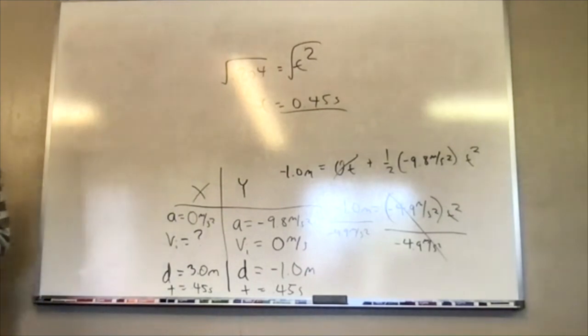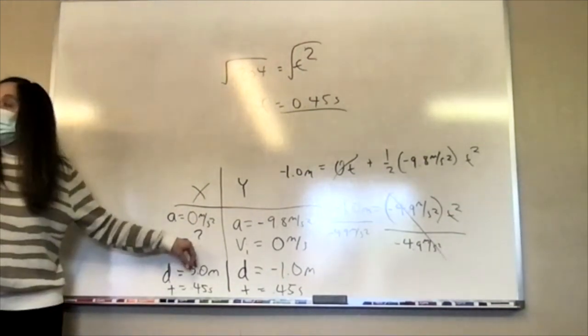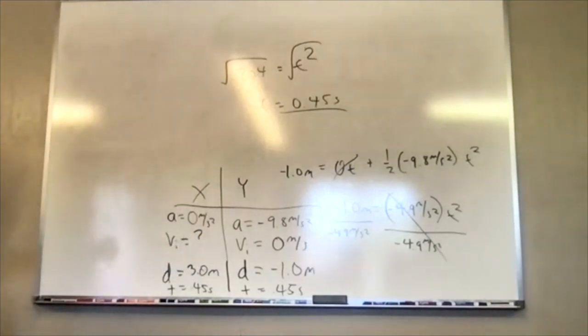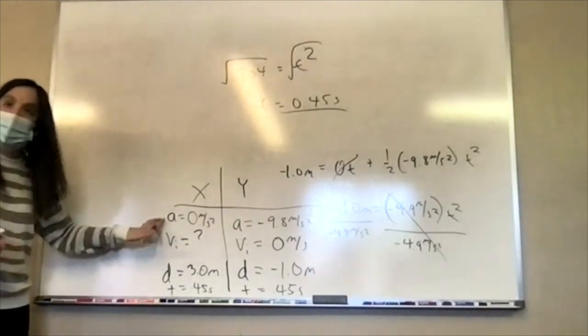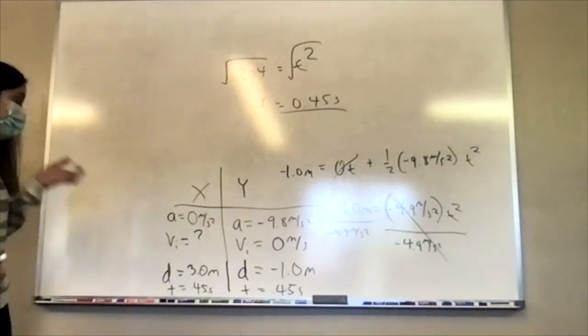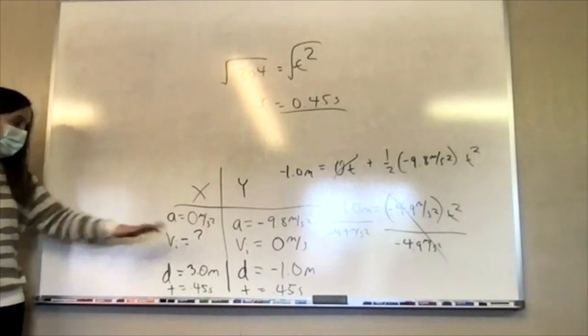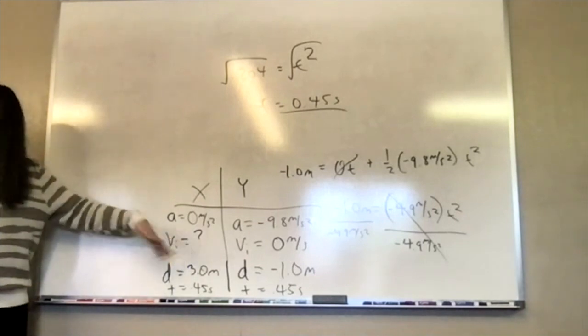Now I'm going to part B. With what horizontal velocity did the ball roll off the table? So we want to know the initial velocity in the x dimension. Well, now we have 3 values. We can now solve for that. So we want to choose an equation that has these 3 variables that we know, along with the unknown initial velocity.